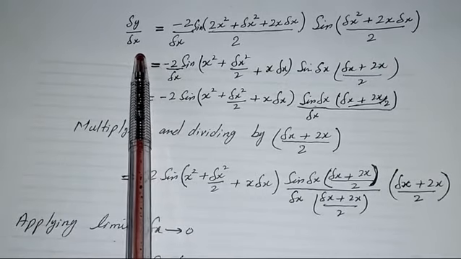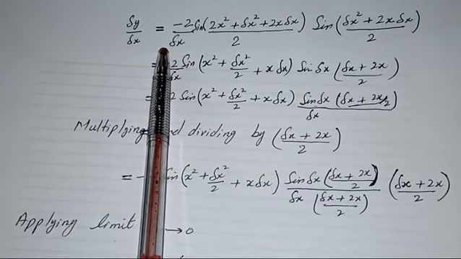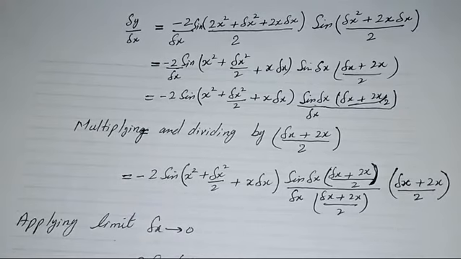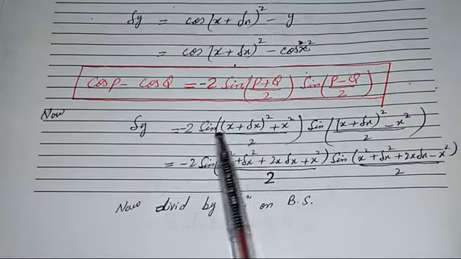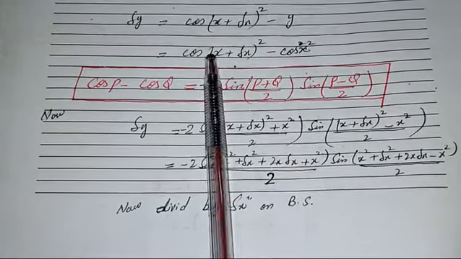Delta y over delta x is equal to, we have applied delta x on both sides. This is the third step, and fourth step is apply limit. And I hope you can easily apply this formula on this given function.